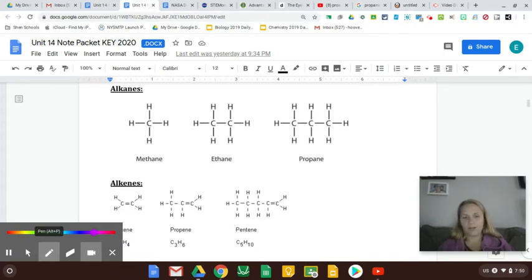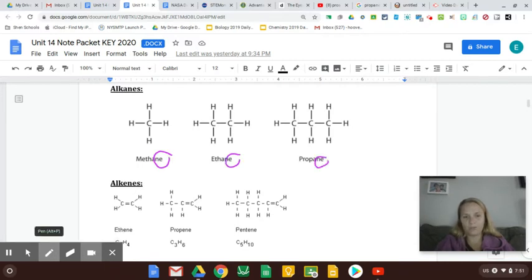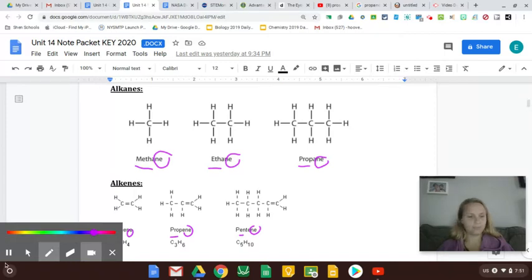Where do you think they get their names? Where does the ane come from versus the ene? And then where do these beginning parts come from? Meth, eth, prop, pentane. Maybe that might give it away for you. Why is pentane called pentane?